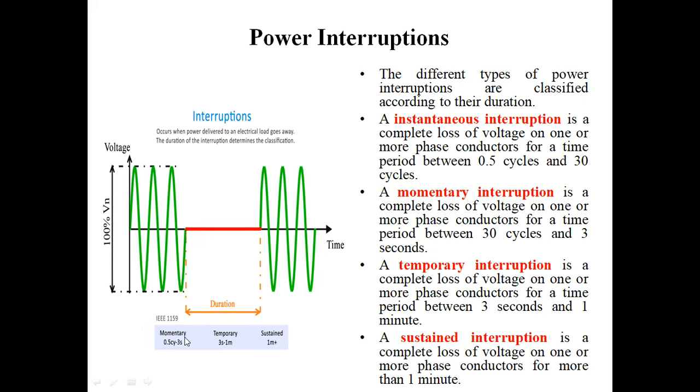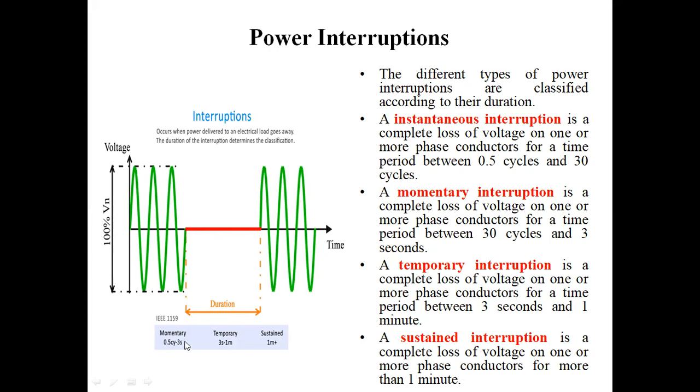Next, the second one is momentary interruption. This momentary interruption is complete loss of voltage on one or more phases, one or more conductors, for the time period 30 cycles to 3 seconds.